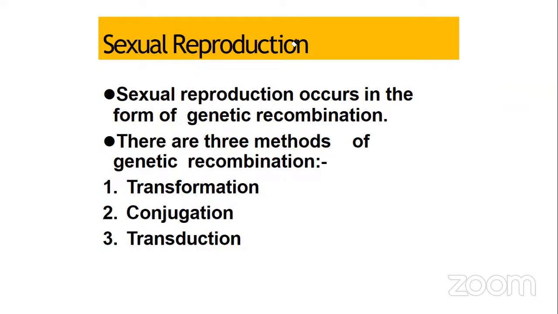What happens in sexual reproduction? First of all, for example, this is the gamete. This is also a gamete. Let me change the color. For example, this is the plus gamete.